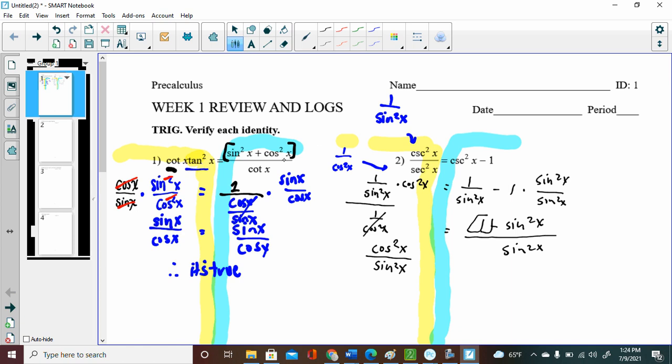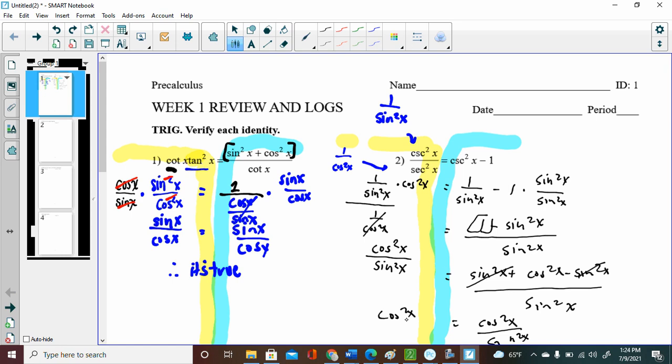Remember the sum over here equals 1? This equals sine squared x plus cosine squared x minus sine squared x over sine squared x. So these cancel, and I'm left with cosine squared x over sine squared x. And it's the same thing on the other side.